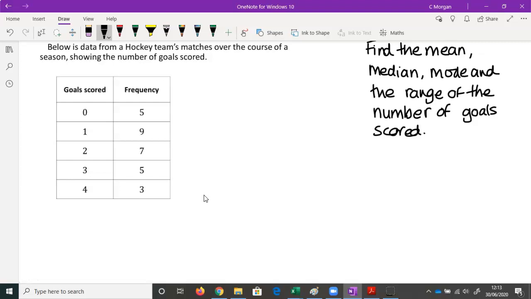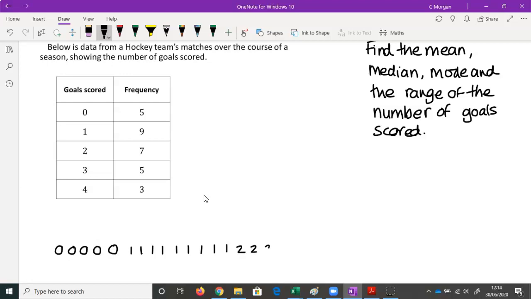In 5 matches there were no goals scored, so I'm going to write down a list of this data underneath the table. 1, 2, 3, 4, 5 matches where there were 0 goals scored. There were 9 matches where 1 goal was scored. There were 7 matches where 2 goals were scored.